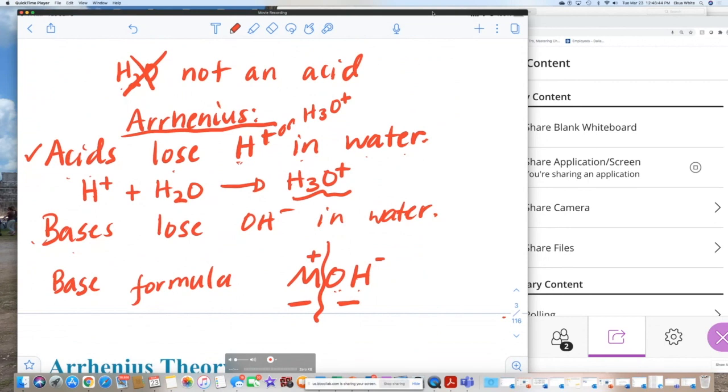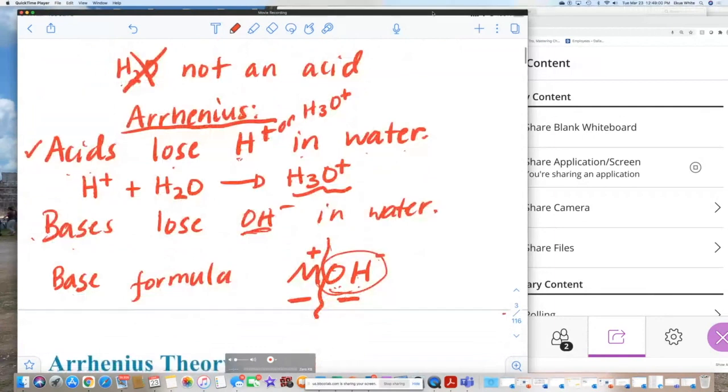The metal is positive, the OH minus is negative. That's how they got together in an ionic bond. When they get in water, this bond breaks and then the OH minus goes off and produced in water. So you know that you have a base because the base has this formula. The format is metal hydroxide.